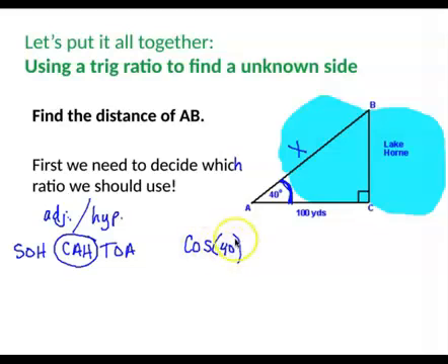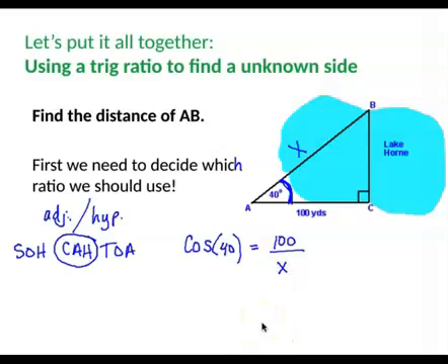We always want to put the angle measurement after the cosine, after the tangent, or after the sine. So we always say cosine angle measurement, or tangent angle measurement, whatever trig function we're using, equals the adjacent side is 100 and the hypotenuse is x.